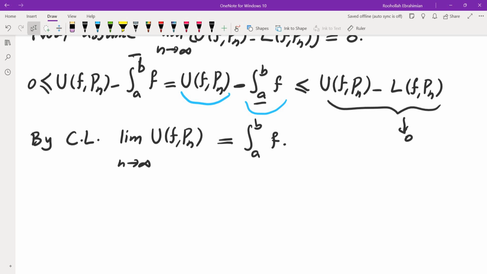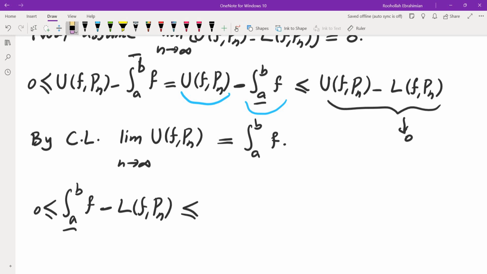And we could do something similar for the other one. If you take the integral from a to b, I guess in this case take the lower integral minus the lower sum. The lower integral is the same as the upper integral, so this becomes the upper integral of f minus the lower sum.